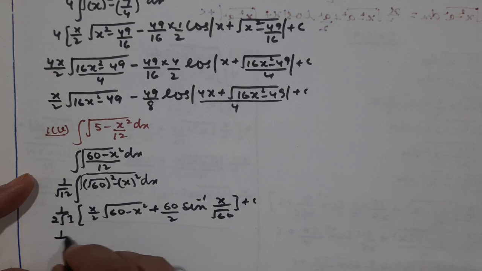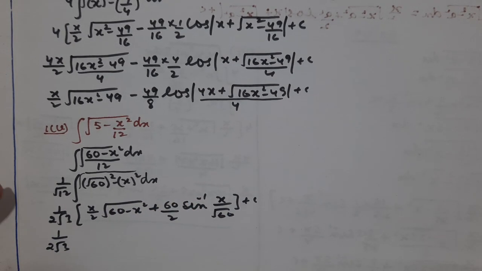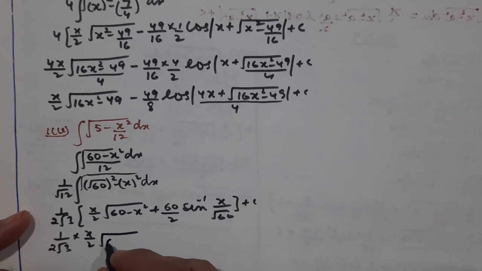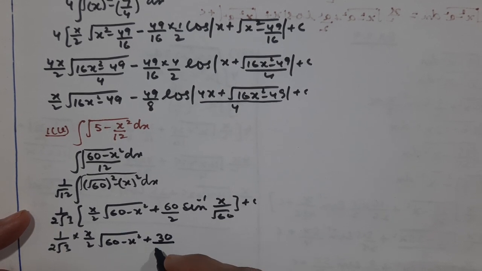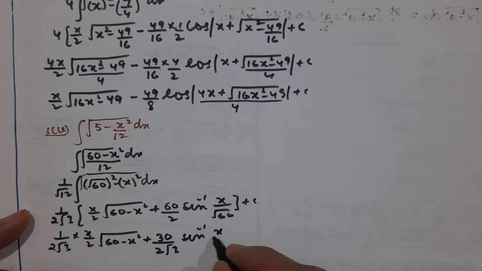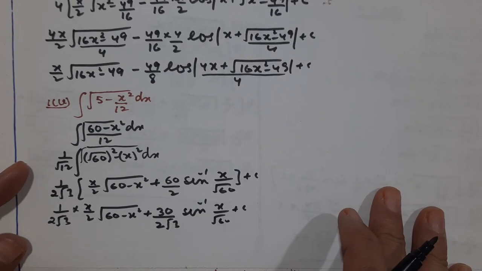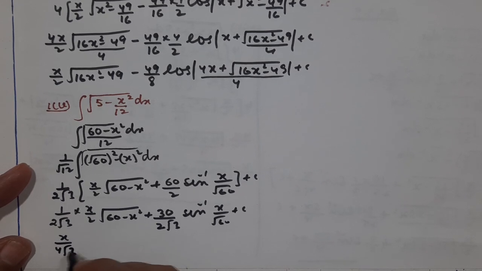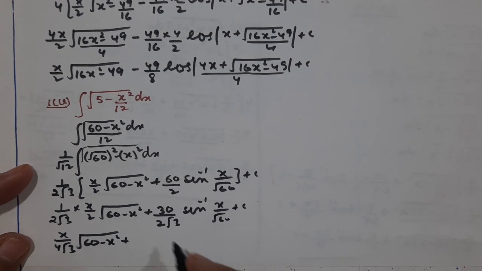So what we get, 1 upon 2 root 3 into x by 2 under root 60 minus x square plus 30 upon 2 root 3 sine inverse x upon root 60 plus c. Now we can use one more step over here. So we get x upon 4 root 3 under root 60 minus x square. Here we get 15 root 3.